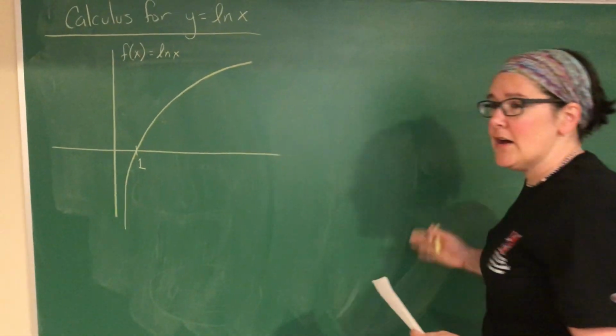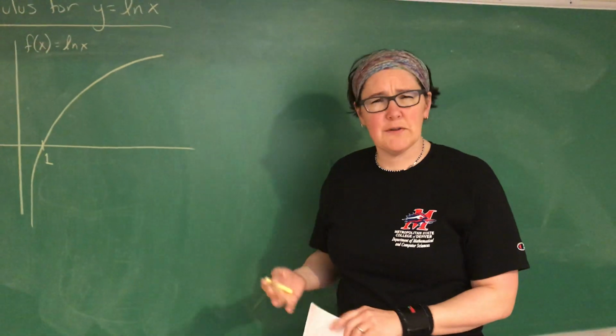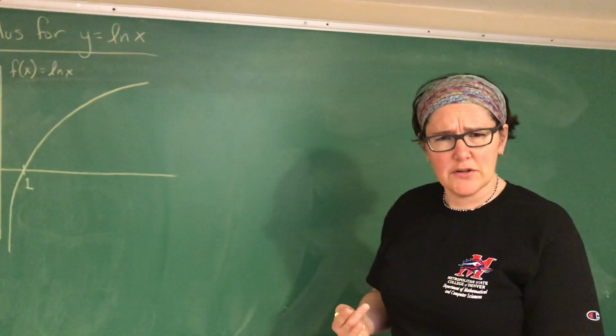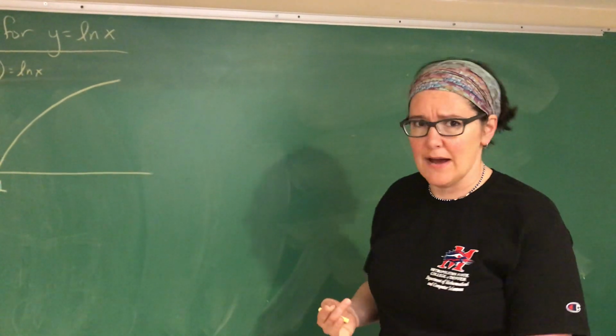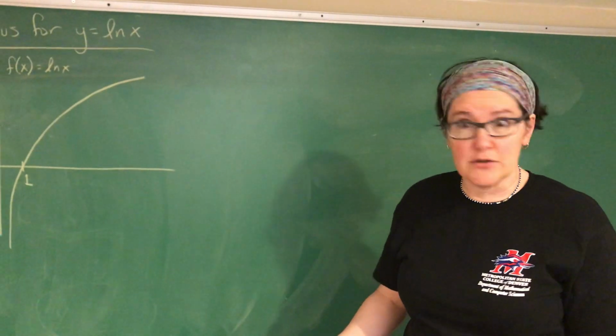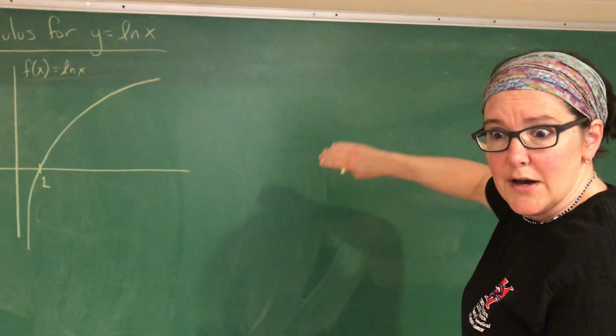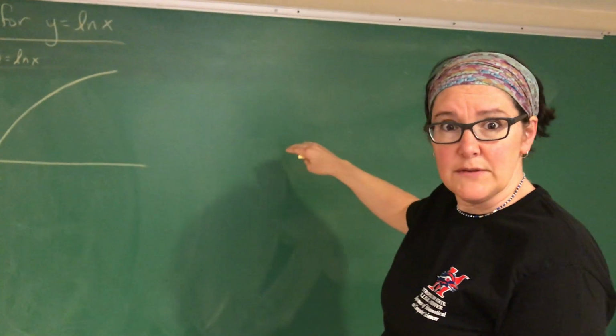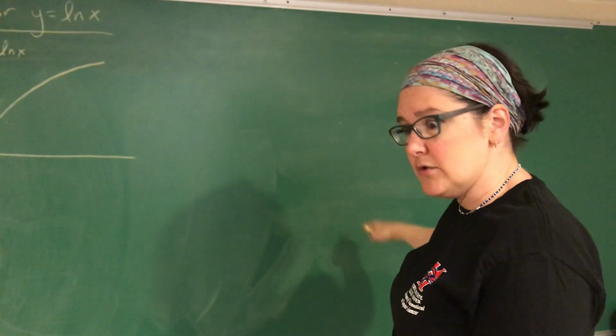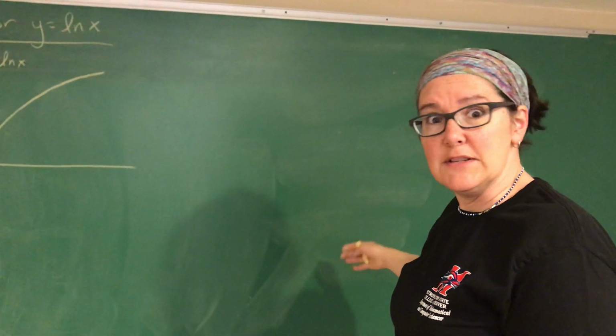In terms of calculus, in this class we're focusing on derivatives, and derivatives are talking about the steepness of a graph and the shape of a graph. So when is a graph going uphill? When a graph is going uphill or increasing, then its derivative is positive. When a graph goes downhill, its derivative is negative.